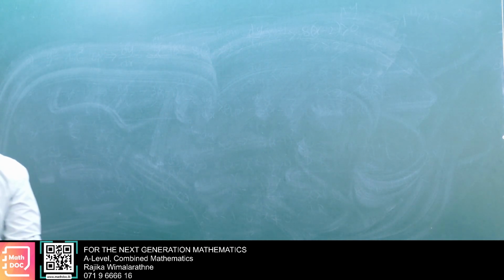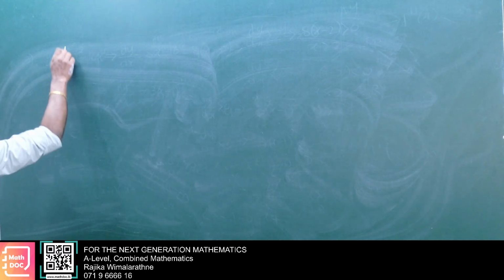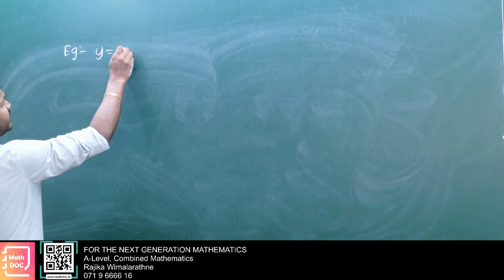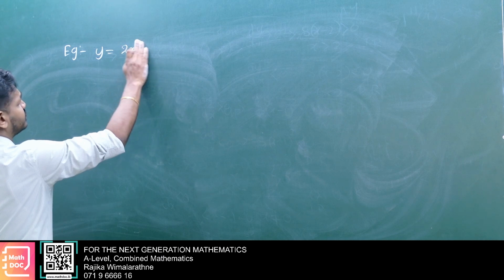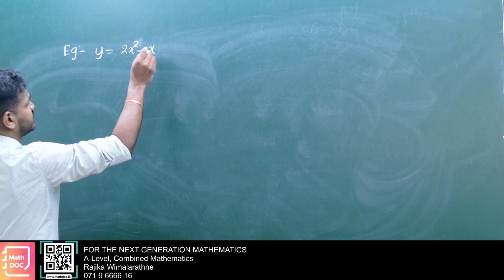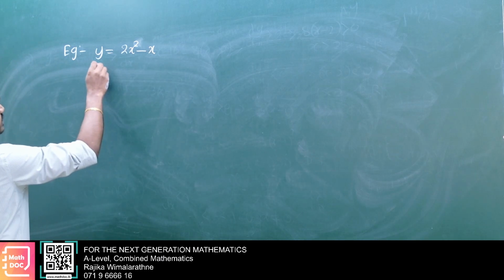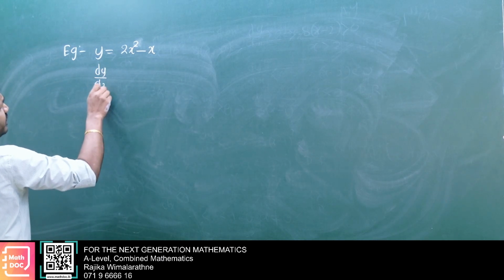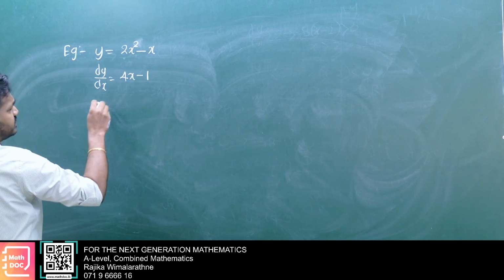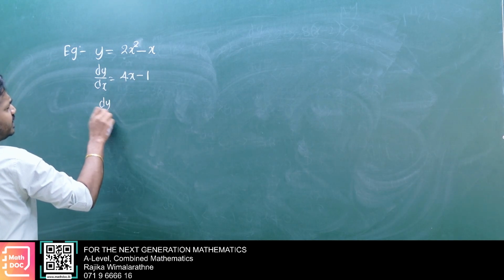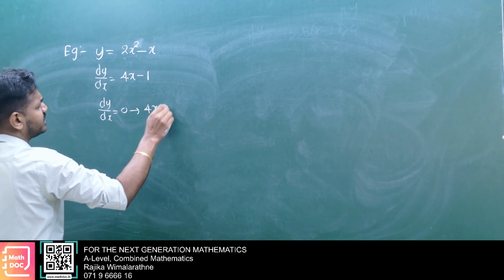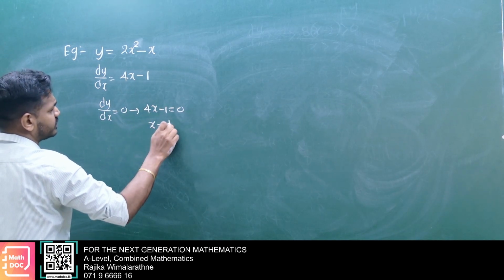Okay. Now see this example. Consider y equals 2x square minus x. Then differentiate: dy by dx is 4x minus 1. Then solve the dy by dx equals 0 case. 4x minus 1 equals 0, then x value is 1/4.